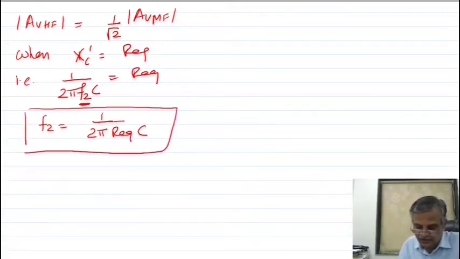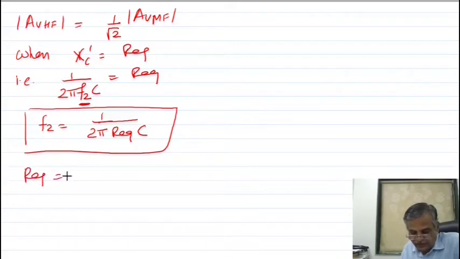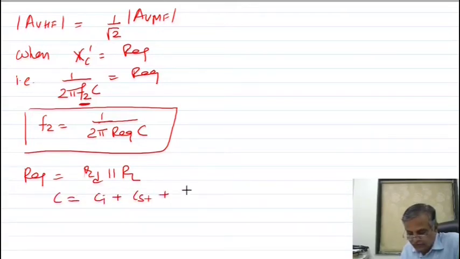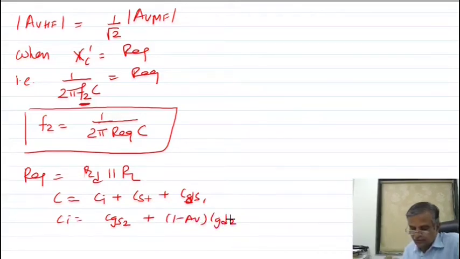equation f2 is equal to 1 upon 2 pi R equivalent C, where R equivalent is equal to RD parallel RL and C is equal to Ci plus CGS1 plus CGS2 plus (1 minus AV) CGD2.